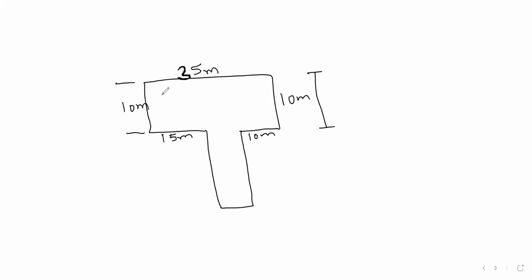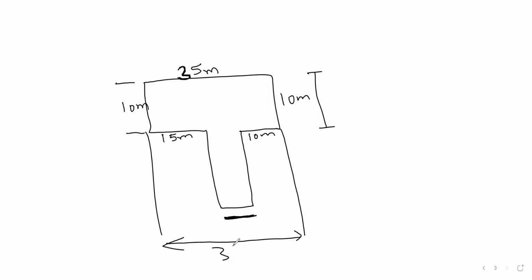If they have given in the question that this is the figure, right? Sometimes they may not give the value of this. So you know the total value of this is 35, right? Total is 35, and you know this much is 15, and this much is 10. So 15 plus something plus 10 is equal to 35.